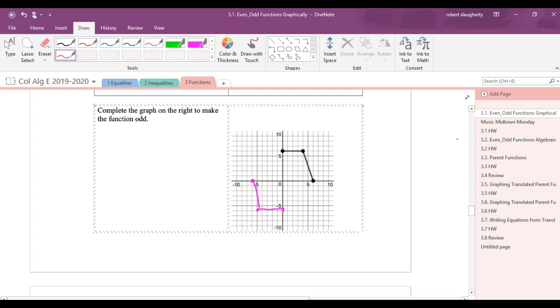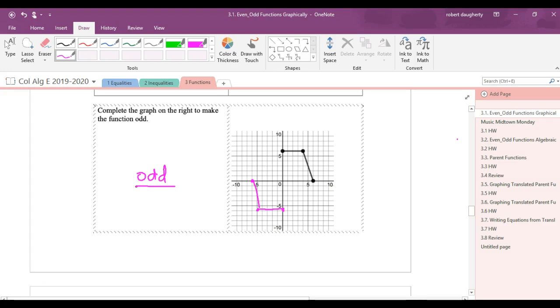So all I did was, whatever was done on the right side of the equation, I did the opposite thing here on the left side. So that's what makes this an odd function. The way I do that, I look at every point. I've got 3 points here. If this point is found by going upward 6, this one is found by going down 6. This is found by going to the right 4 and up 6.